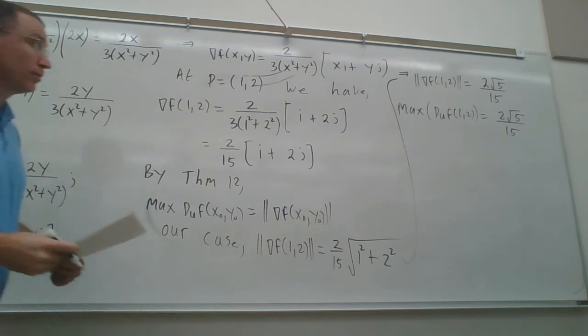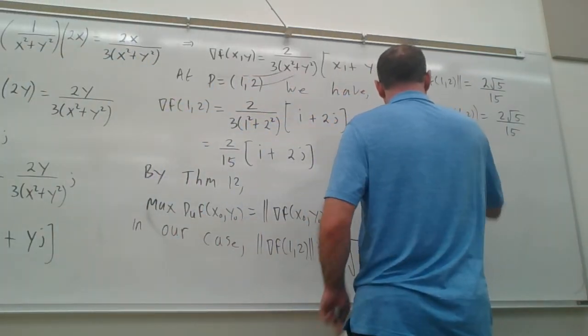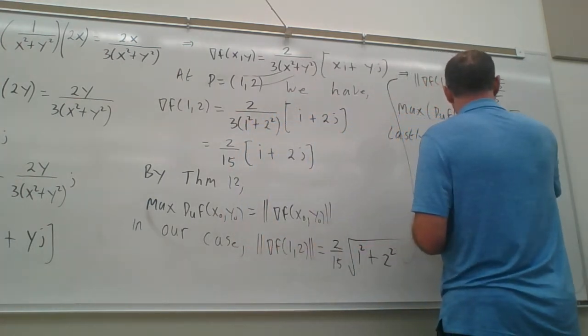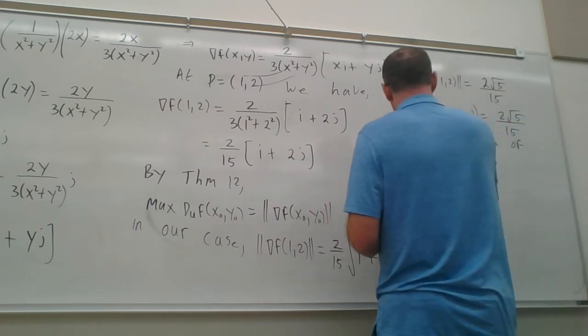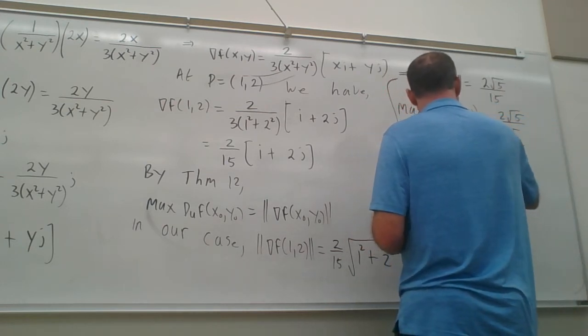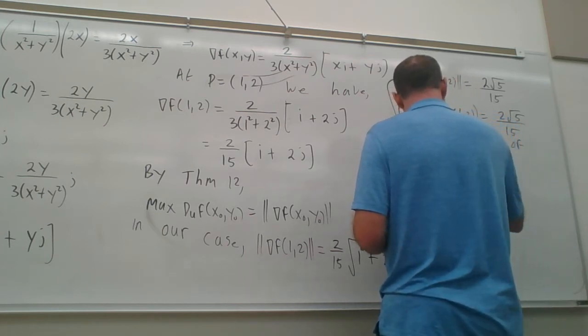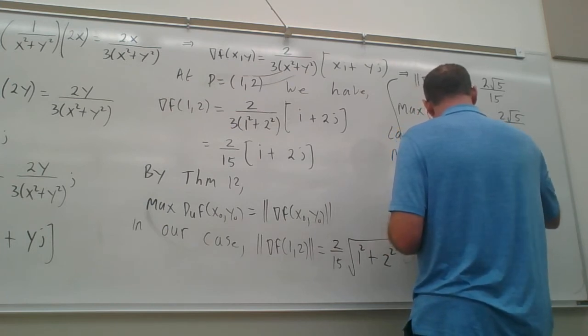Okay, lastly, the direction of max increase will be u equal to, just normalize our gradient at (1, 2).